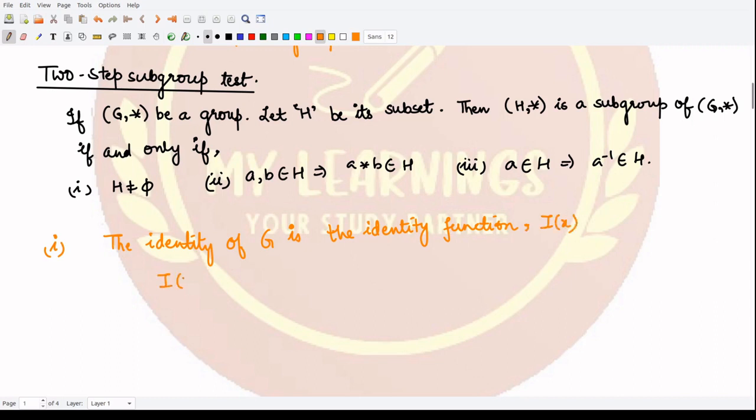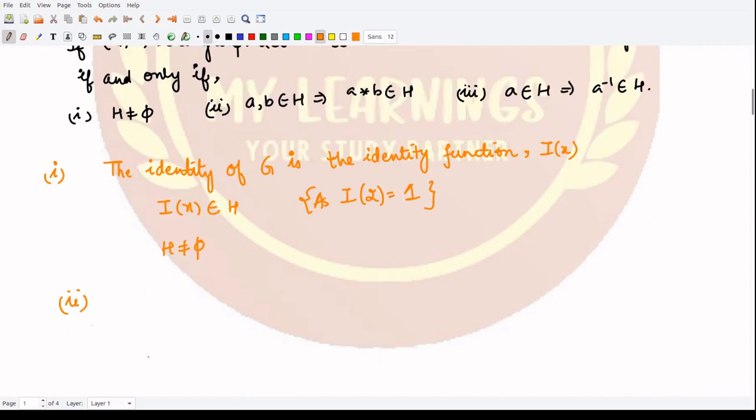We say this I of x is also present in H. Why? Because when you input 2 into it, you get 1. So basically we are defining this to be the constant function 1, as I of 2 is equal to 1. So this belongs to H. Therefore we obtain H to be a non-empty set, so this fulfills our first condition.